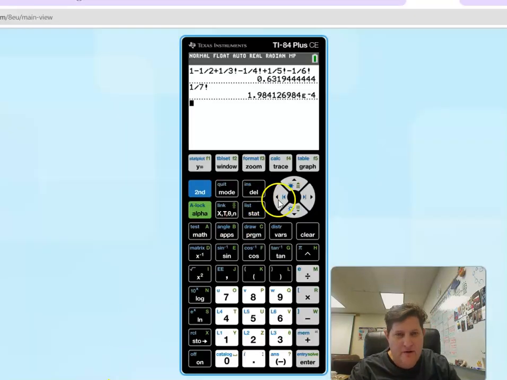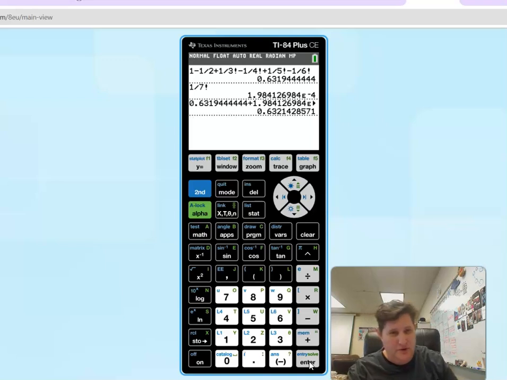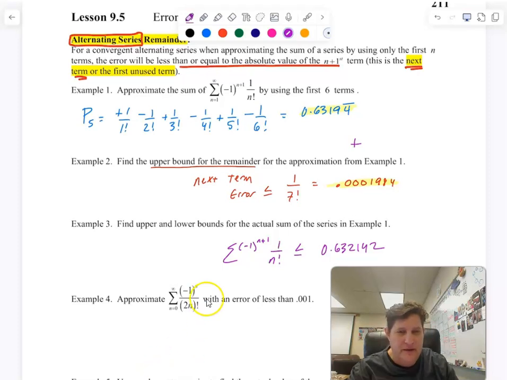So if I come on over here, and you guys know you can just click up and go that plus, whoops, that equals, that is the highest that this will go, okay? 0.632142. I'm putting extra decimal points; on the AP test they only look at the first 3. I'm just writing a few more. So that's my upper bound, okay?